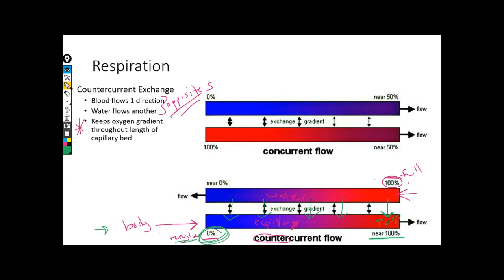As the water is flowing this way, I've given up a little bit of oxygen. Maybe I have less. The numbers don't matter. We're just understanding I've given oxygen at the last step, so I have lower. But this blood here is going to be lower too, so I'm still going to be able to give whatever. Onward and so on and so forth.